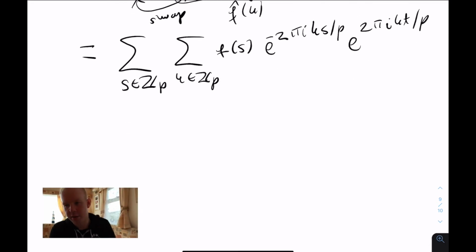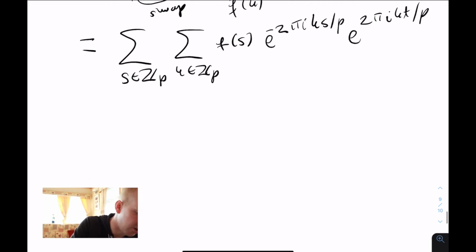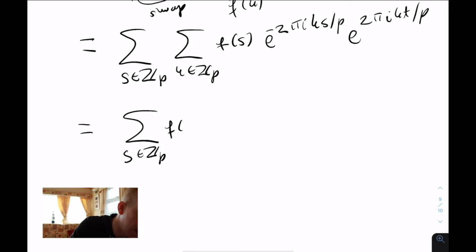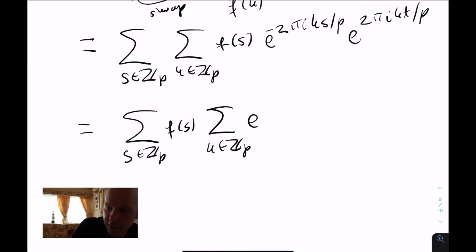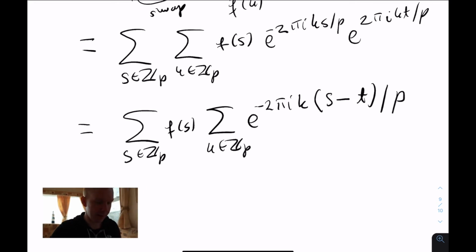Now we can also move this f(s) out, and we can put these things together into minus 2 pi i k times (s minus t) over p in this way.